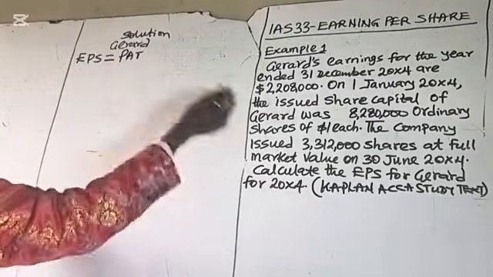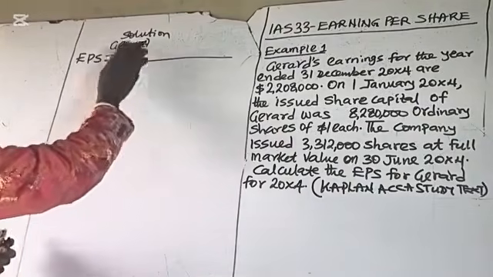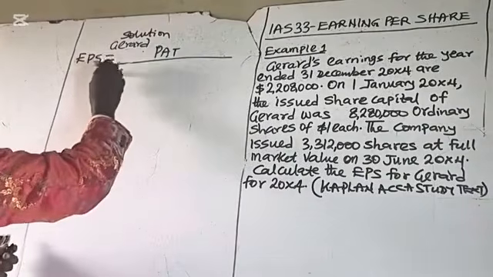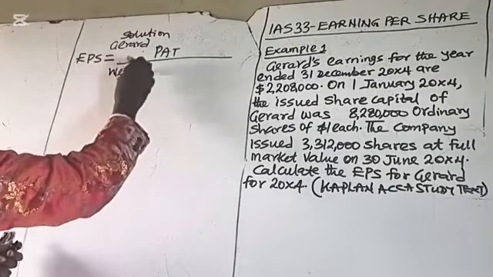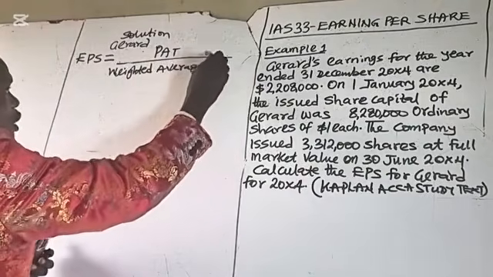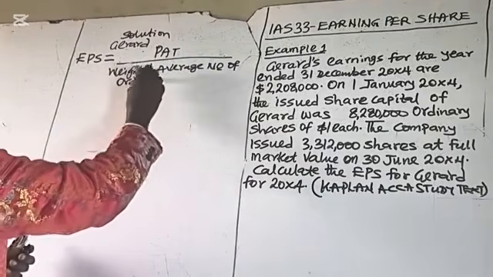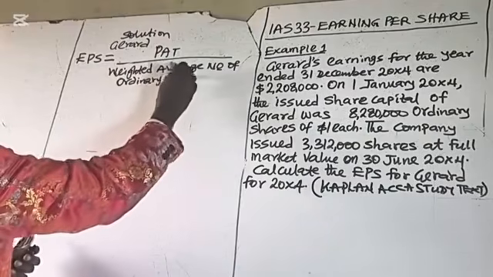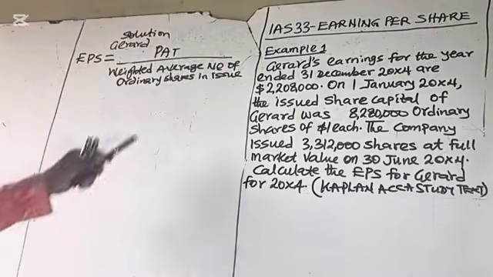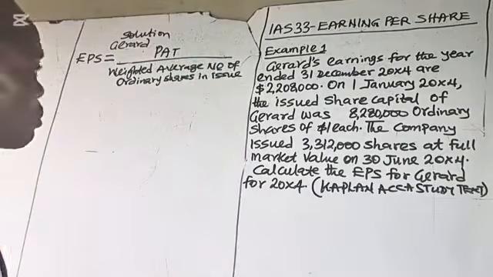There is no preference shares, so there is no preference dividend. If there is preference shares, then you will need to remove the preference shares dividend.